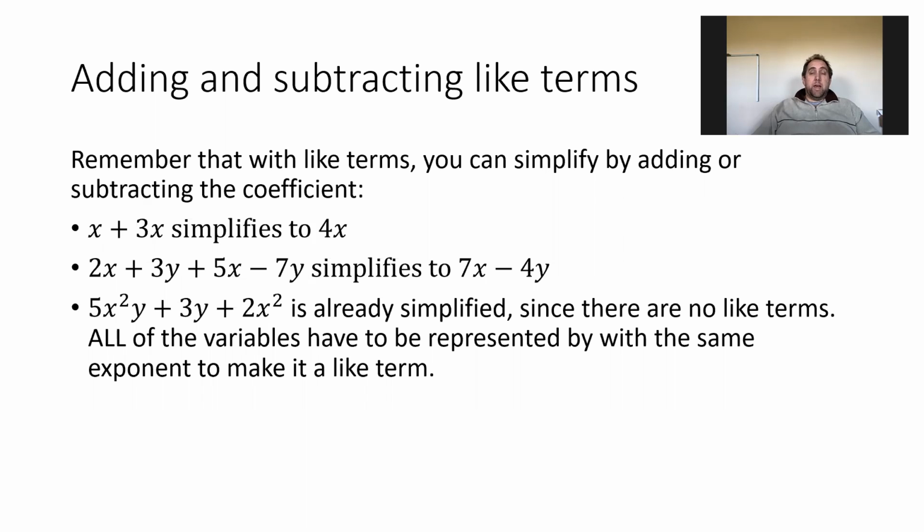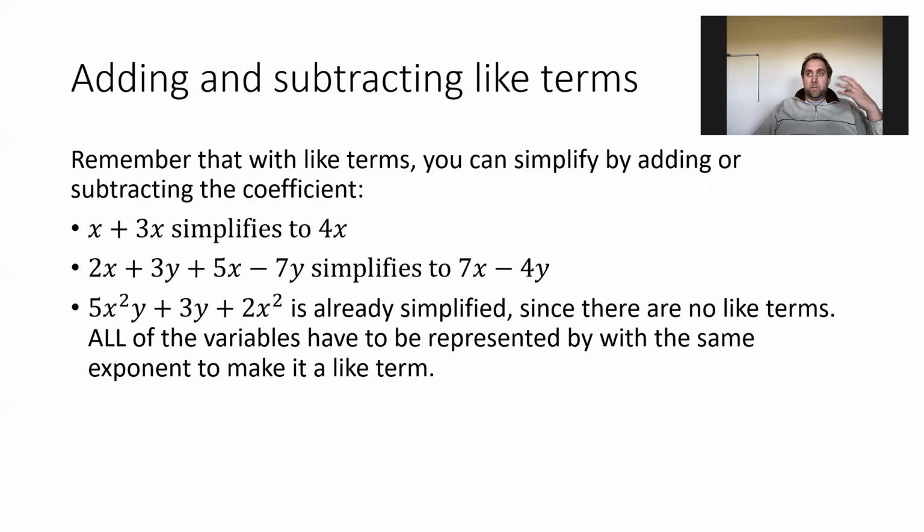So you simply add the coefficients. X is always an implied 1, so it's just 1x plus 3x equals 4x. Another way to think of it, you have 1x and you add 3 more x's. How many x's do you have? You have 4 x's.